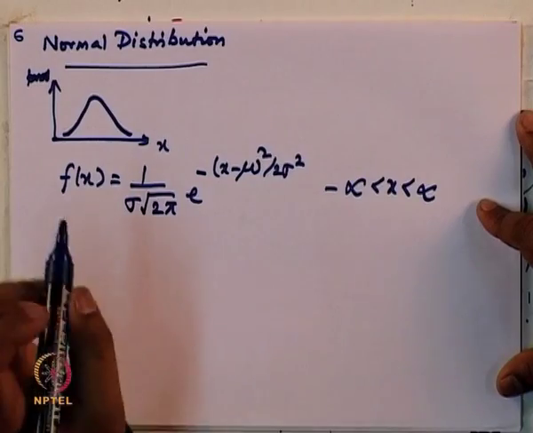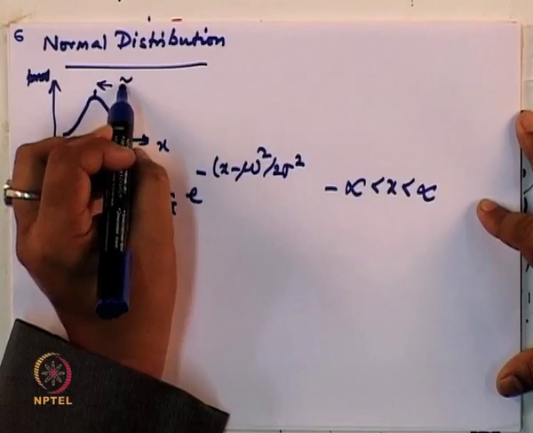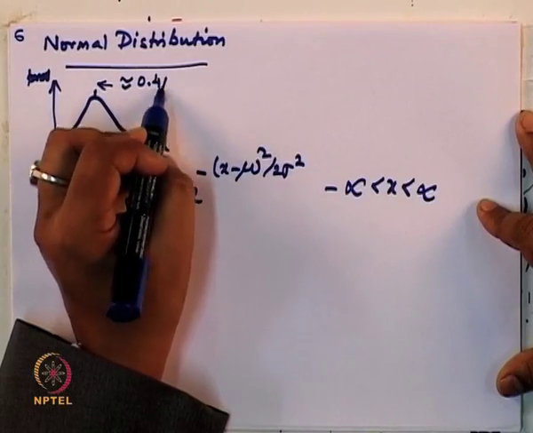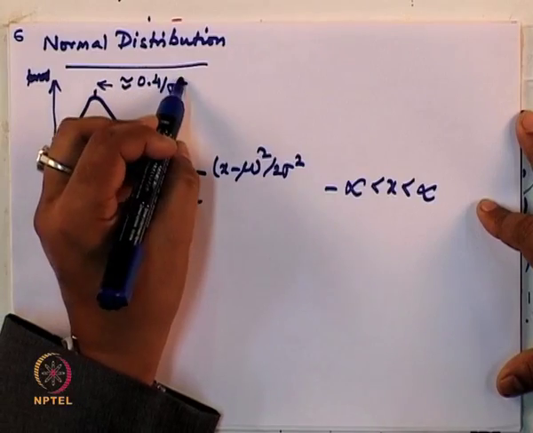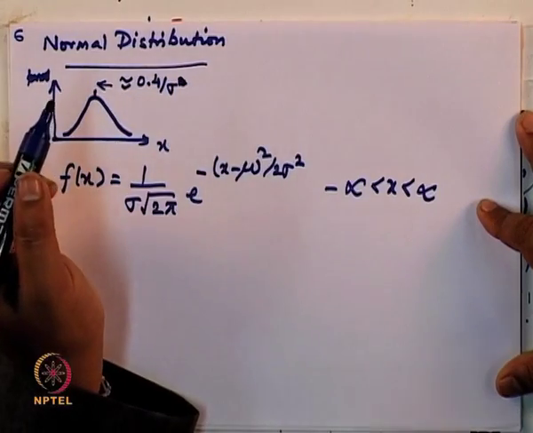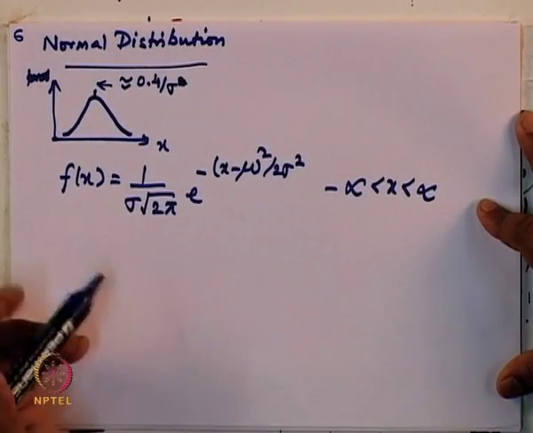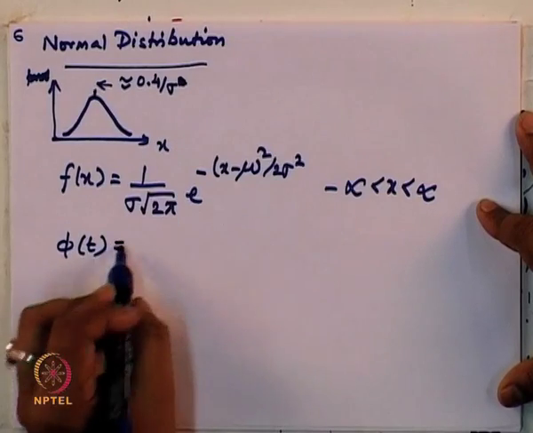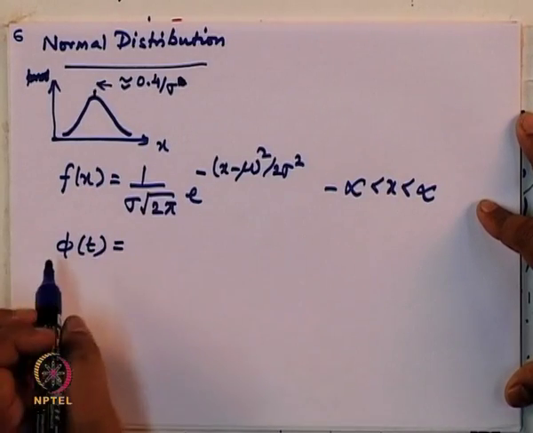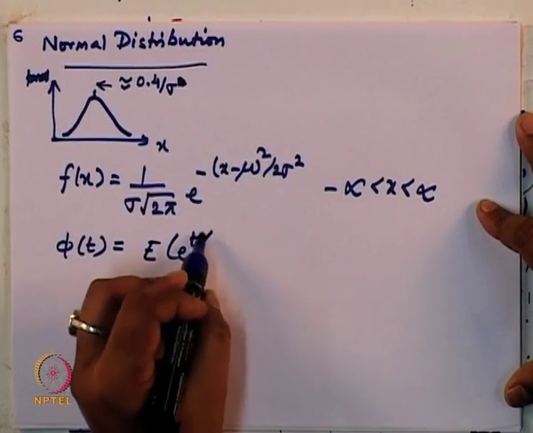Typically this peak is roughly 0.4 by sigma. We want to know what these values mu and sigma respectively are. For that, again we can use the moment generating function, which is the expectation of e to the power t x.